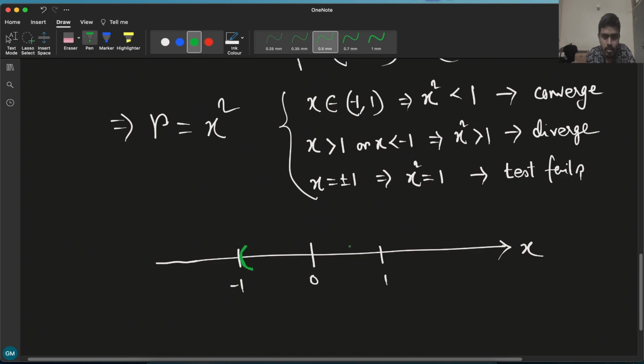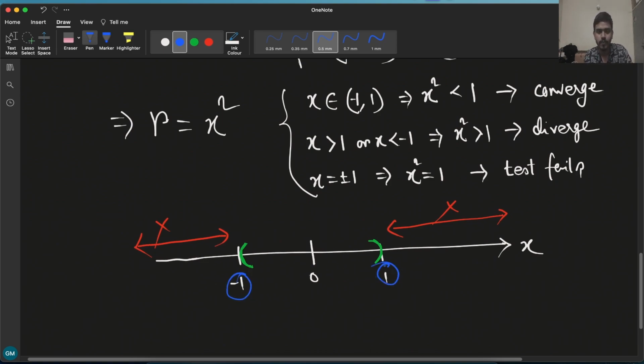In this region the series will converge. In these outer regions the series will not converge. And the test cannot say anything about the points plus 1 and minus 1.